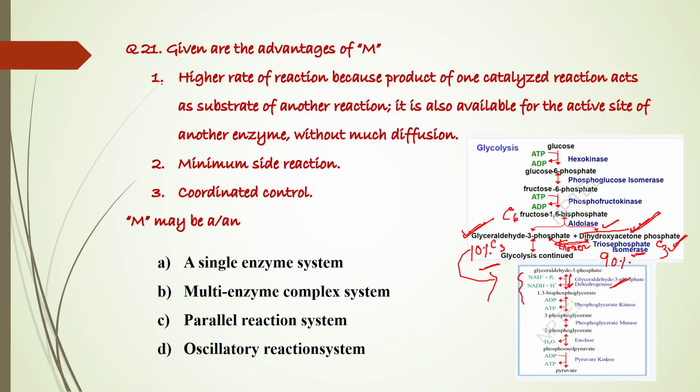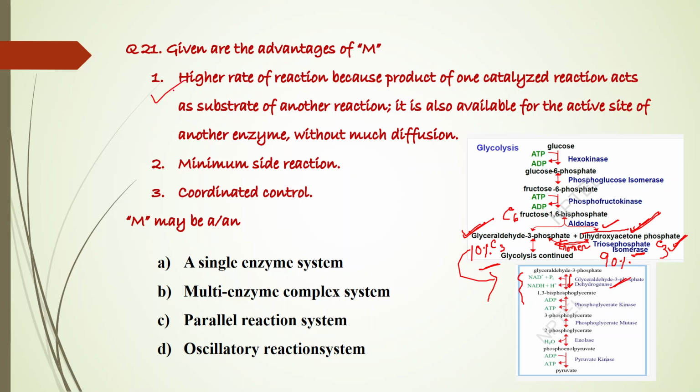So what has been stated in 1, that higher rate of reaction occurs because of the presence of an available active site of another enzyme, is obviously true. In this case, because of the presence of glyceraldehyde 3-phosphate dehydrogenase, you have the conversion of this at a faster rate.